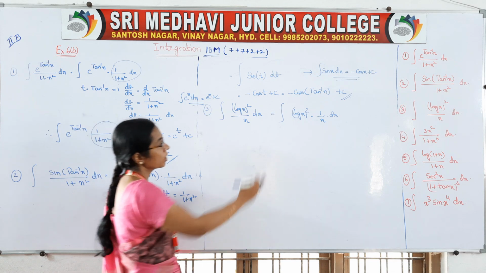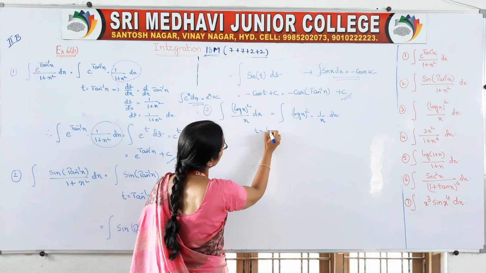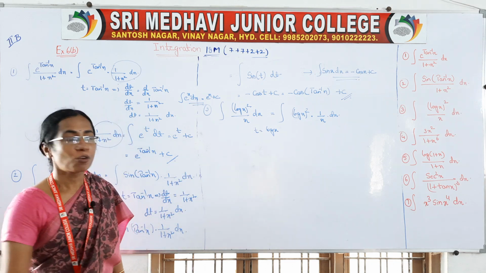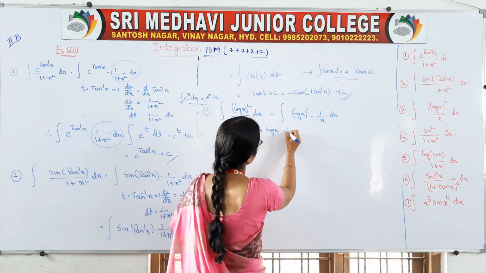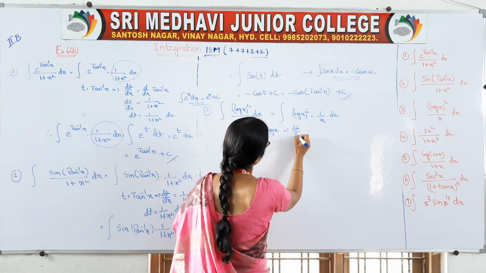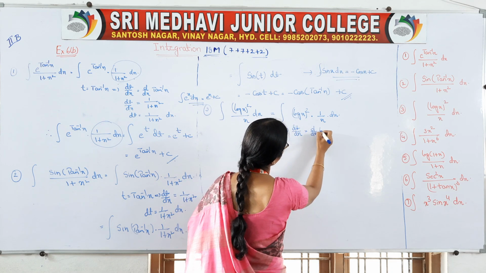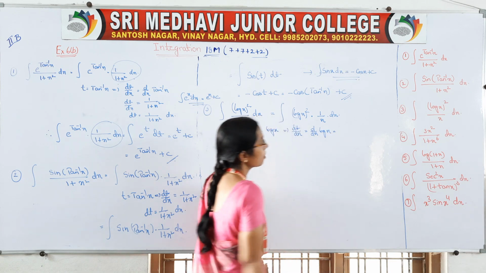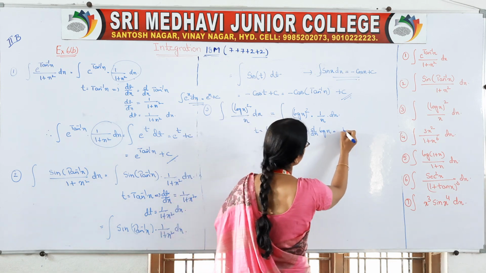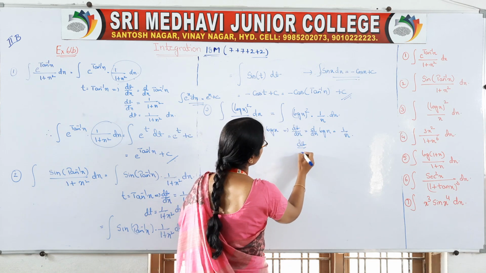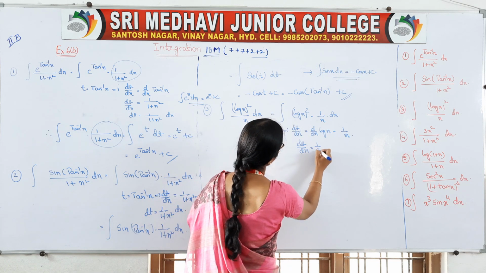So now you take t is equal to log x, differentiating with respect to x on both sides. What happens? dt by dx is equal to d by dx of log x, right? So d by dx of log x is 1 by x. So we got dt by dx is equal to 1 by x.